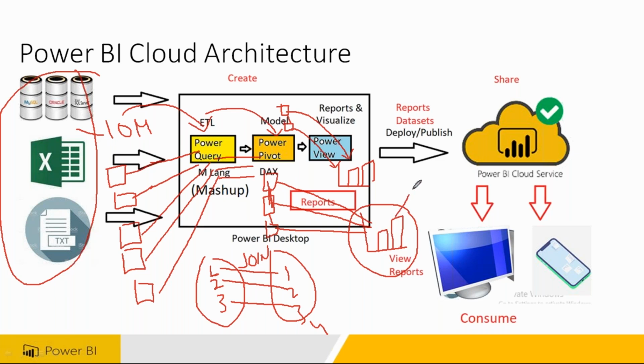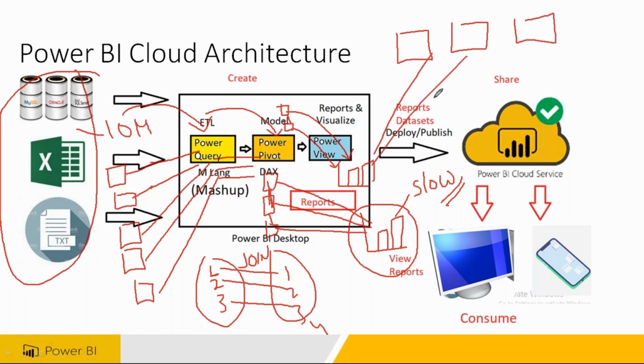So it will take a lot of time. The visualization or report will be very, very slow. Why? Because the data is stored in multiple tables. Clear? If I want to create one visualization, I have to go here, here and here, and on the fly I need to join the data and show the data.